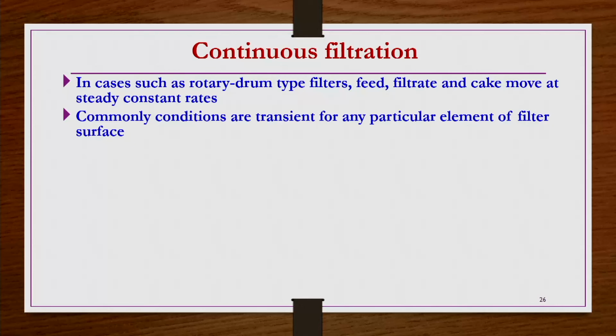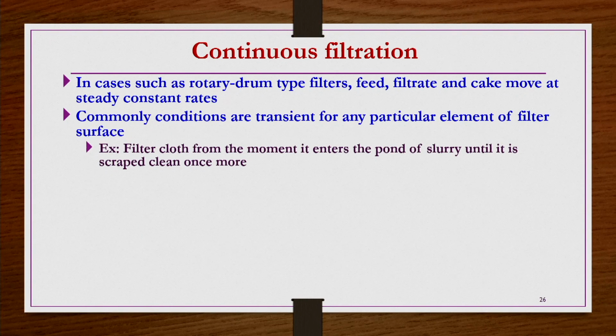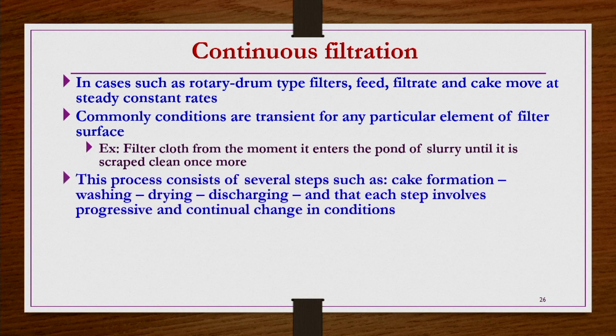Commonly, conditions are transient for any particular element of the filter surface, as we know. For example, the filter cloth, from the moment it enters the pond of slurry until it is scraped clean once more, is a function of time.